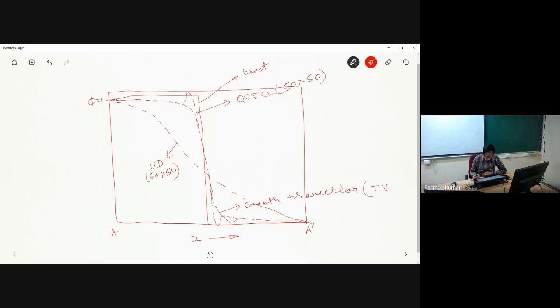If you compare two flux limiter functions using the TVD scheme, say Van Leer and Van Albada, researchers have found solutions very close to that of the QUICK solution, but with a smooth transition without any oscillations.